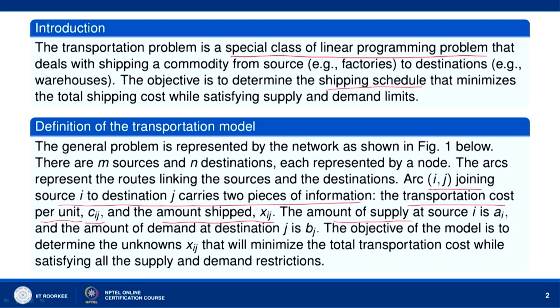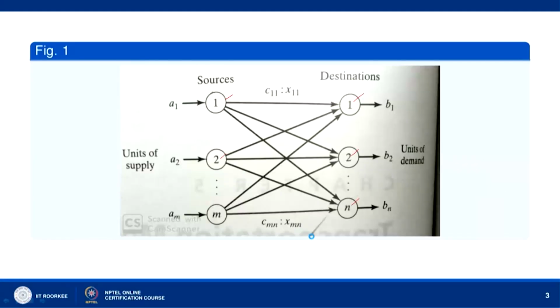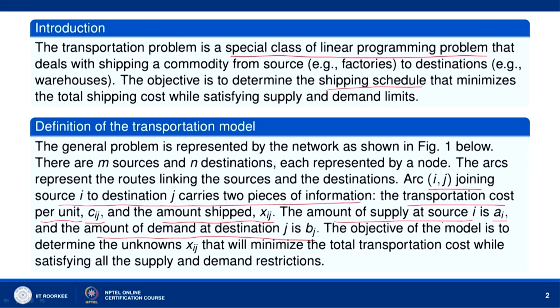The amount of supply at source i is A i and the amount of demand at destination j is B j.